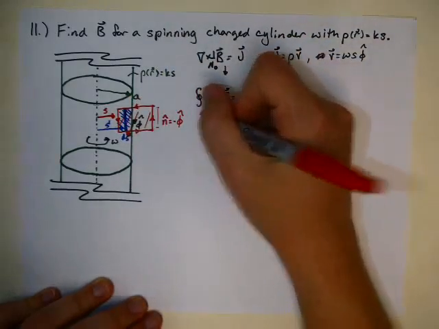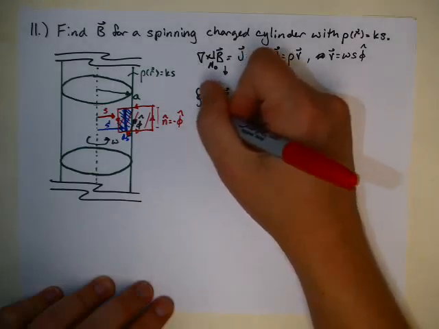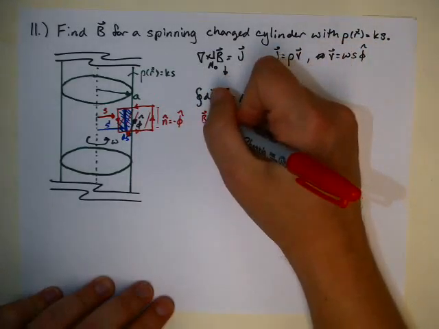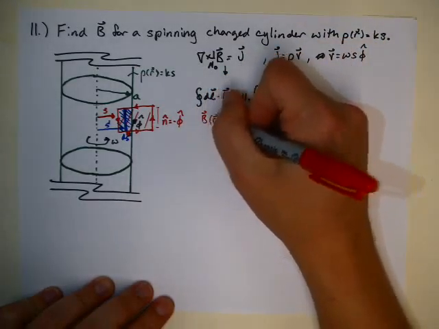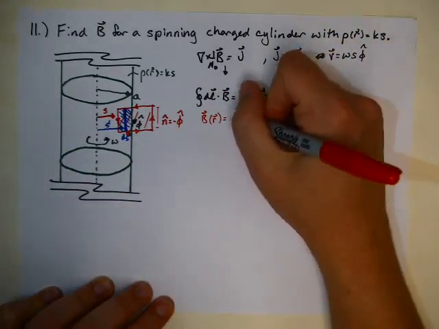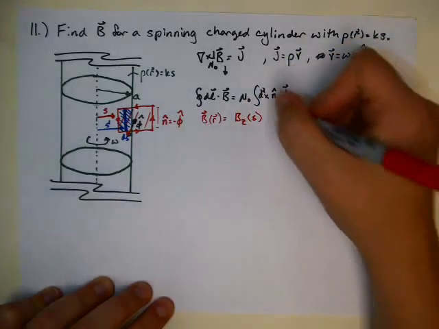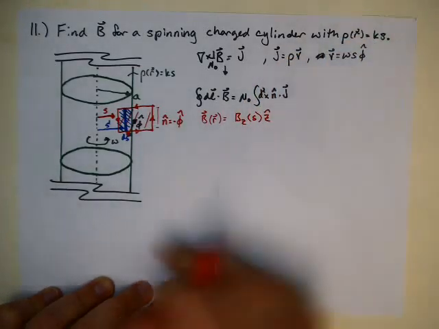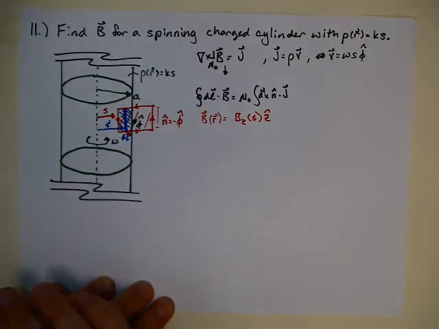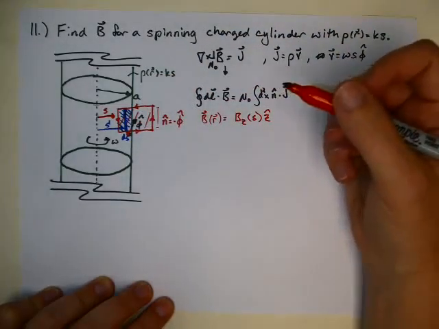And so we could write that if we wanted to, but we're going to actually simplify this a little bit more. Because of symmetry, I know that B as a function of r, because I have this azimuthal symmetry, is only going to point in the z direction, and it's only going to depend upon the distance s out of here. So when I have this dl dot B on the top and the bottom, they're not going to contribute.